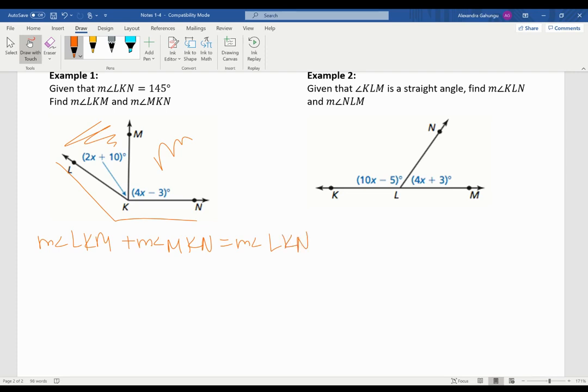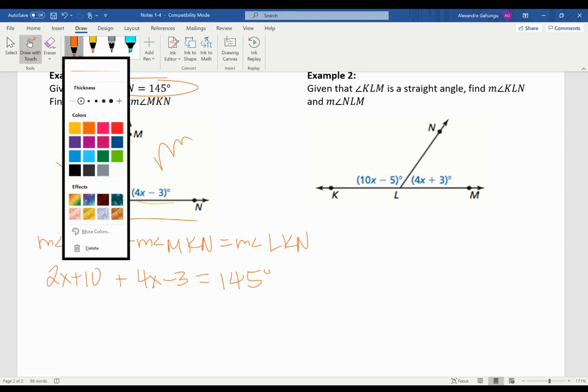So I'm going to fill in all the stuff that I know, because they gave me information about LKM, MKN, and the big angle LKN. So I'm going to plug in that this is actually 2x plus 10, plus MKN, which is actually 4x minus 3. Those two together should give me the big angle, and that big angle is 145.